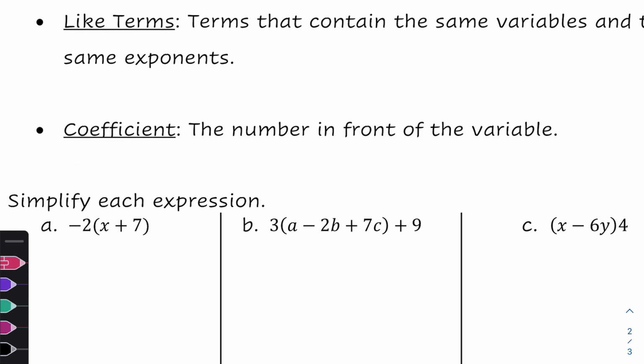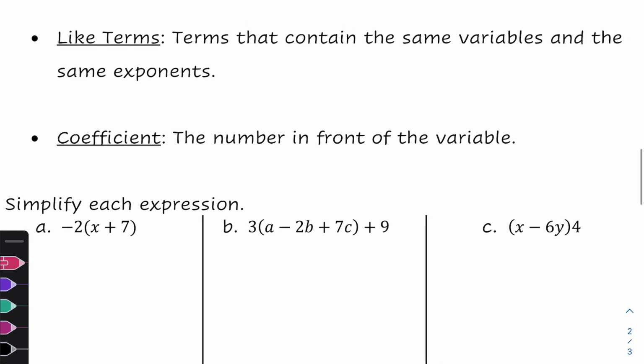Before we start to do some numerical examples, we need to refresh our memory on what like terms and coefficients are. Like terms are just terms that contain the same variables with the same exponent. So x and x are the same. Y squared is the same as y squared.